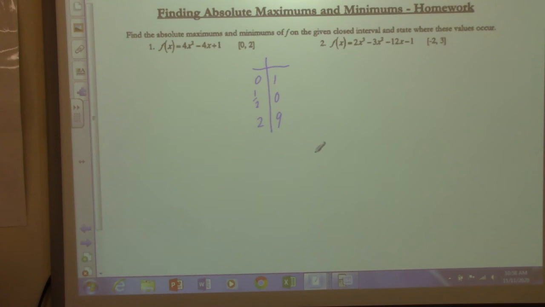Isn't that right? That's what I got. Because 16 minus 8 plus 1, yeah. So is that what you got for that one? Yeah. That's what I got. Uno, cero, y nueve. Right, and so you have your maximum and your minimum right here.